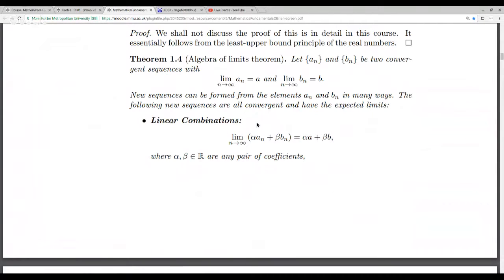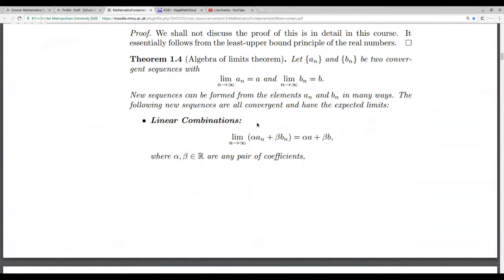One simple way of building a new sequence is to choose two fixed coefficients alpha and beta and form this combination here. The nth element of the new sequence is alpha times an plus beta times bn. This is what's known in mathematics as a linear combination.